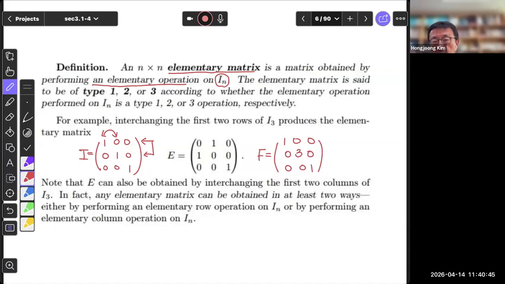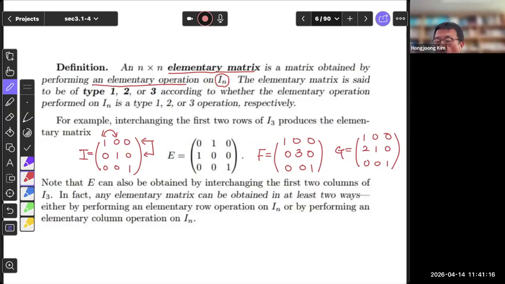Of course, as I said, you may multiply 3 to the second row, or you can multiply 3 to the second column. If I multiply 2 to the first row and then add it to the second row, what do I get? The first row and the third row are not changed, but multiplying 2 to the first row gives 2, 0, 0, and adding it to the second row gives 2, 1, 0.